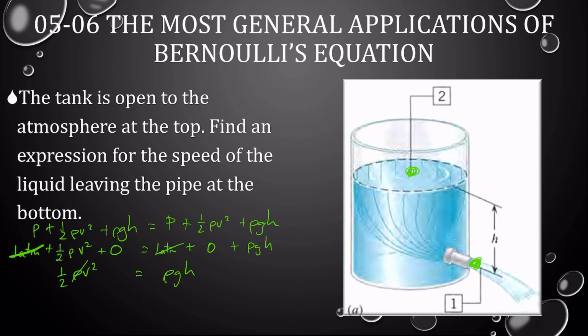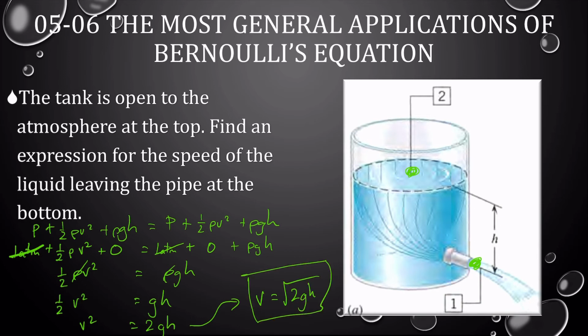Divide by the rho. Multiply by 2. And square root. So our speed would be the square root of 2gh. So it should come out the same speed no matter the density of the fluid. How interesting. How do I know that? Because density is not part of my equation.